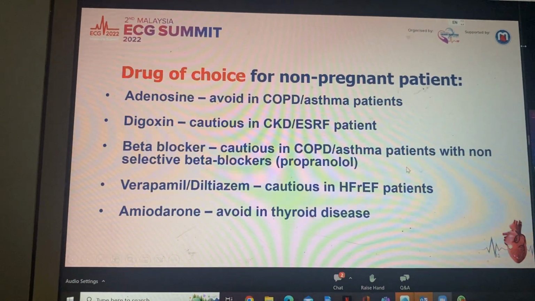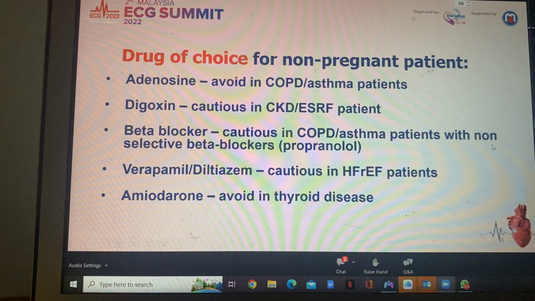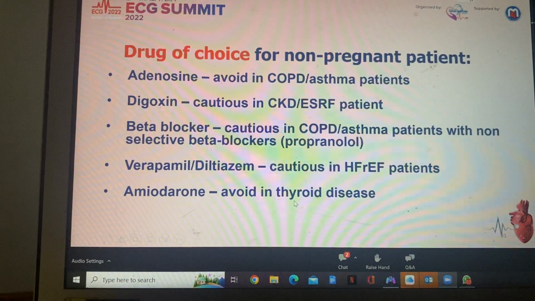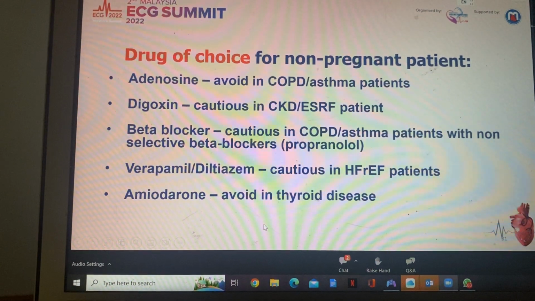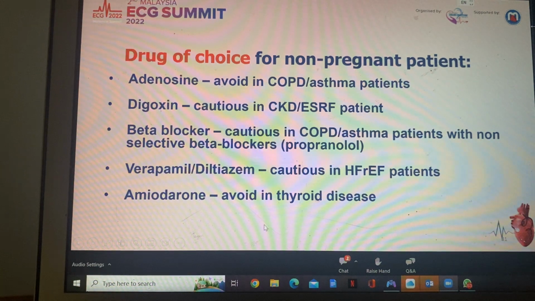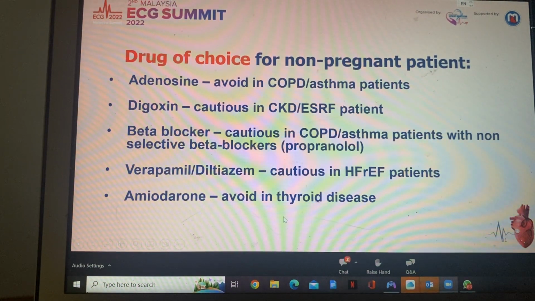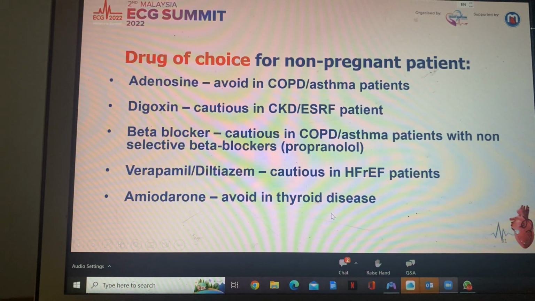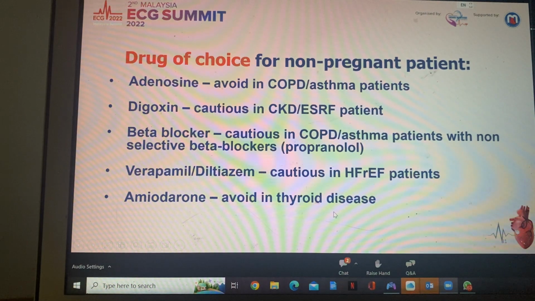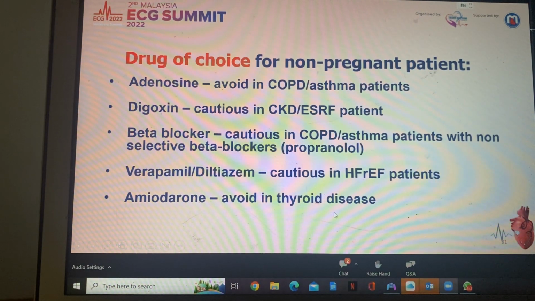Okay, for drugs of choice in non-pregnant patients, all these drugs have to be used with caution, especially adenosine and beta blocker. Just bear in mind to avoid them in COPD or asthma patients. I've seen a COPD patient who was given adenosine to treat the SVT. The SVT resolved, but the patient was intubated and sent to ICU.